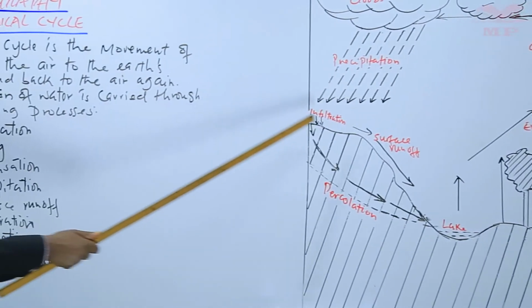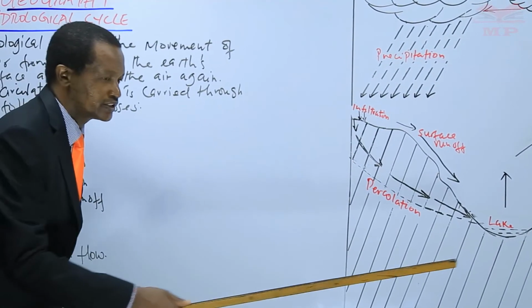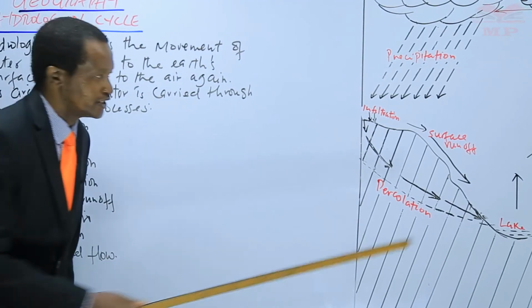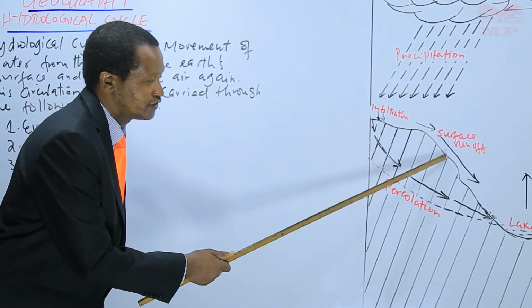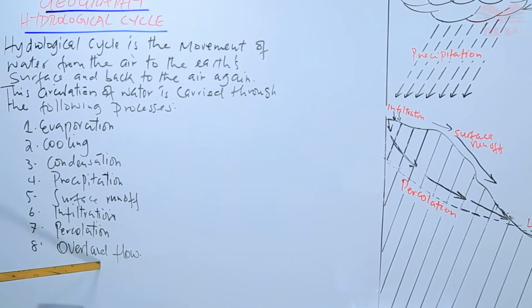The waters on the surface and the waters in the rivers, learners, make what we call overland flow.